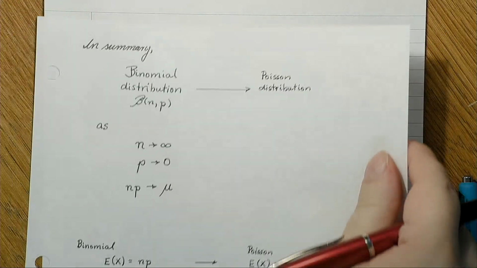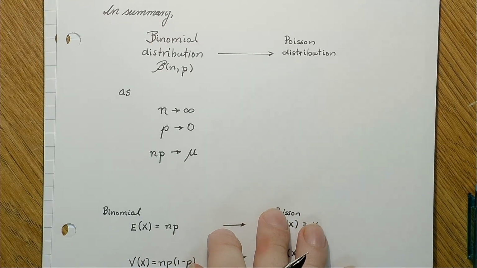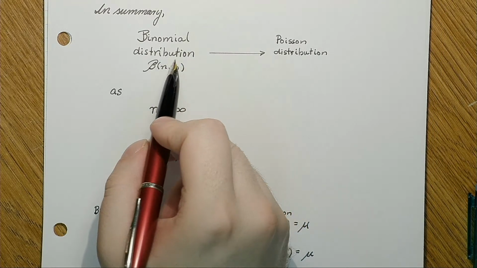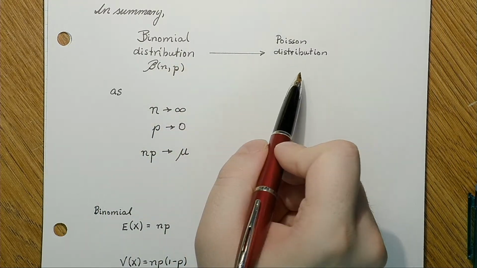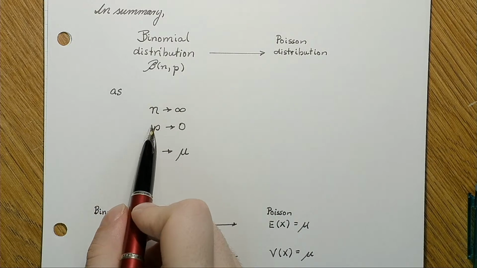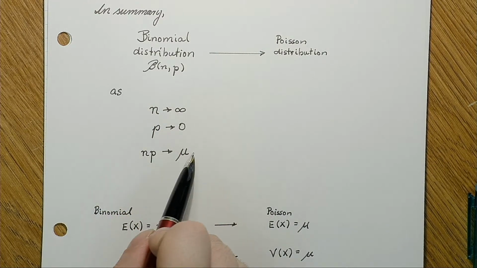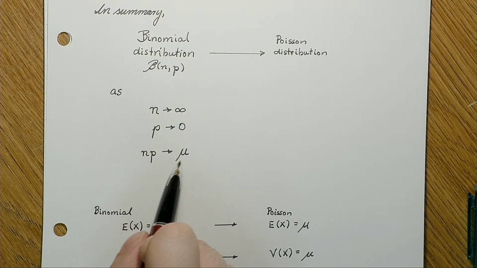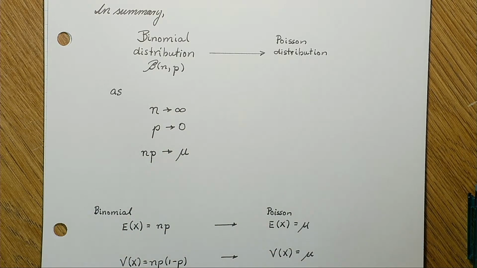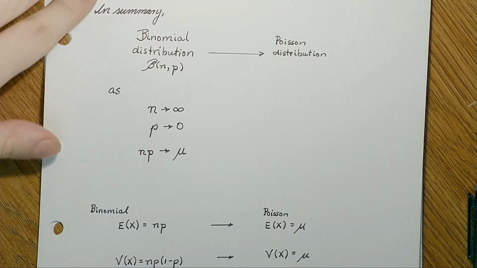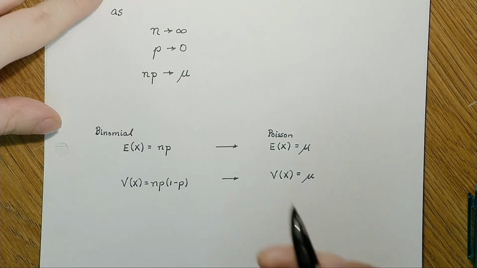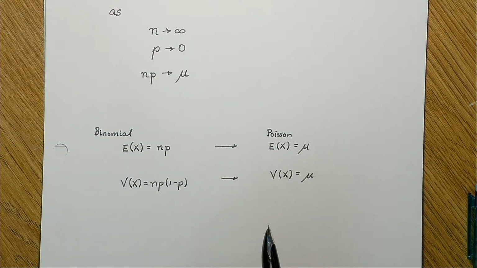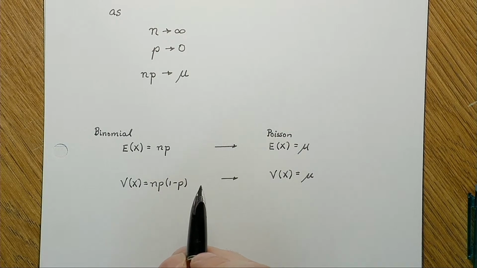So, in summary, the binomial distribution is approximating the Poisson distribution as n gets really big, p gets really small, and np is converging to mu. What would be really nice is that it makes it very easy to remember what the expected value is of the Poisson distribution.